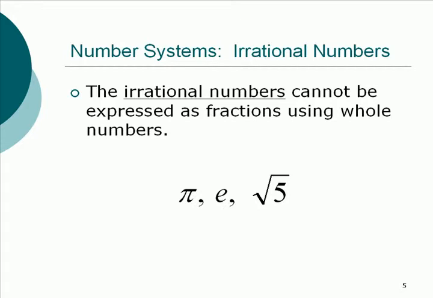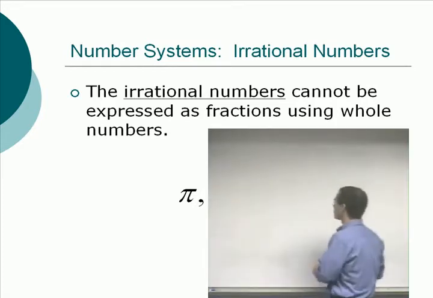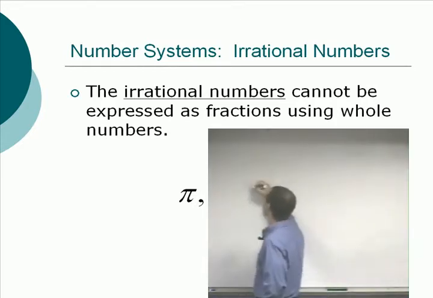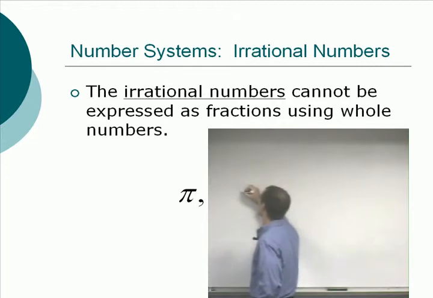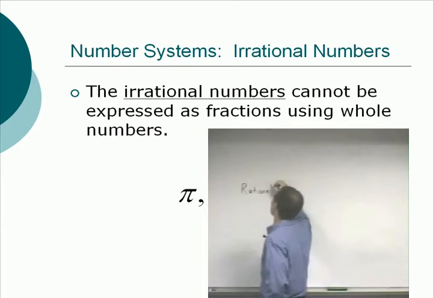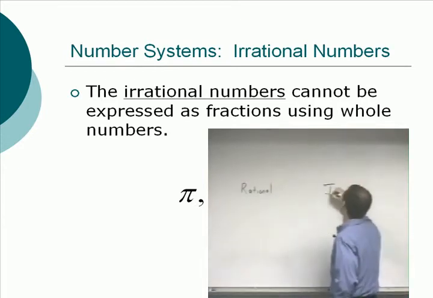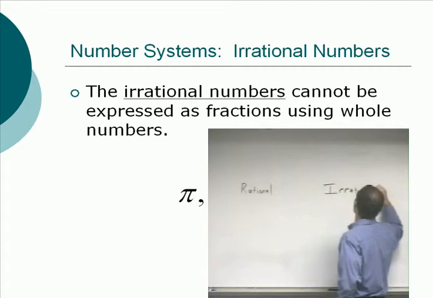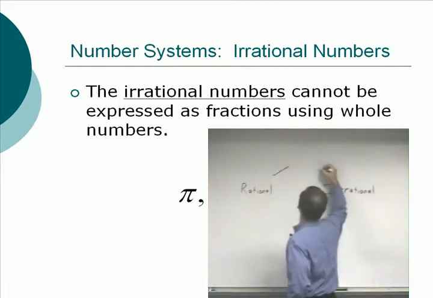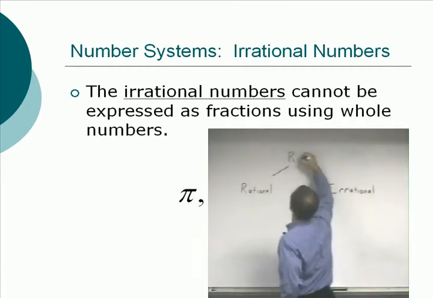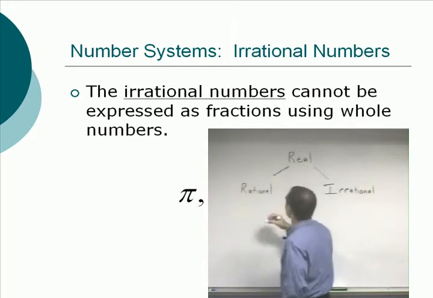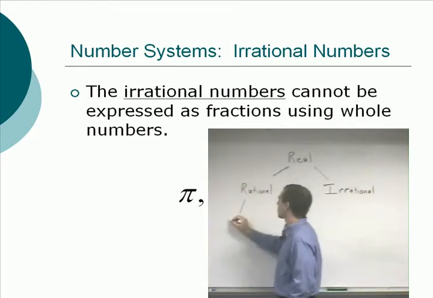Well, if we take all the rational numbers and all the irrational numbers together, they form one big happy number family called the real numbers. Within the rational numbers, of course, we worked with one subset called the integers.